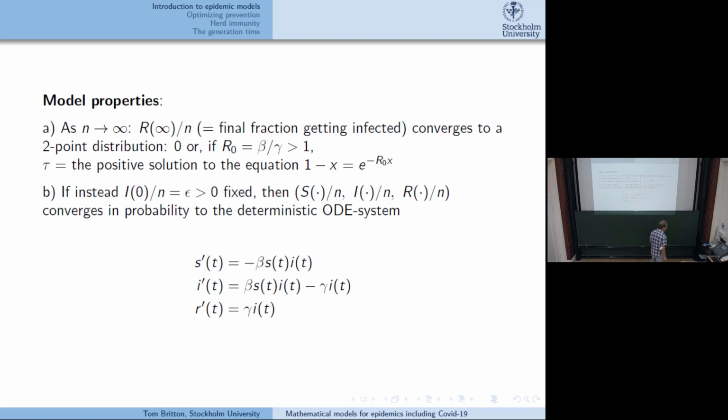And why is that equation? What does it come from? This is not a proof of the equation, but it still explains it, at least I think so. So, tau is the final fraction infected.